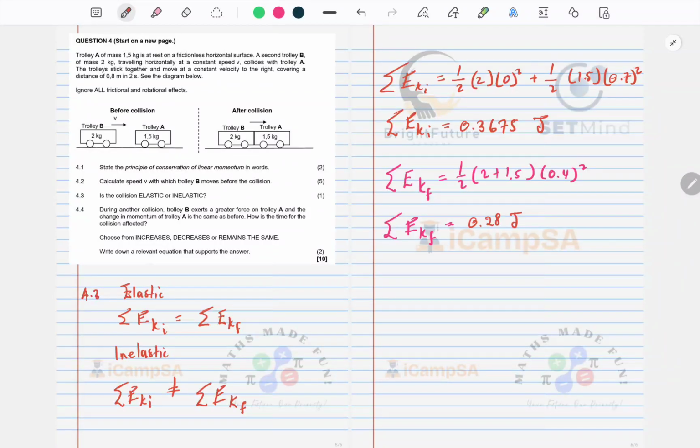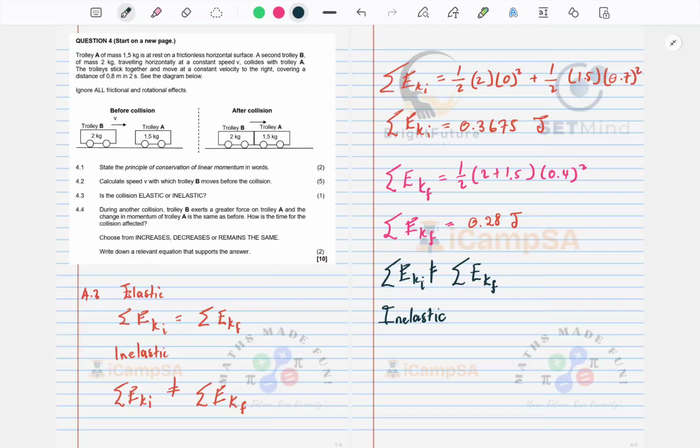So we conclude that initial is not equal to final. What does this mean? This means it's an inelastic collision. Okay, so this is your conclusion. Sometimes they're going to ask you to prove using this, so you should know how to do this.